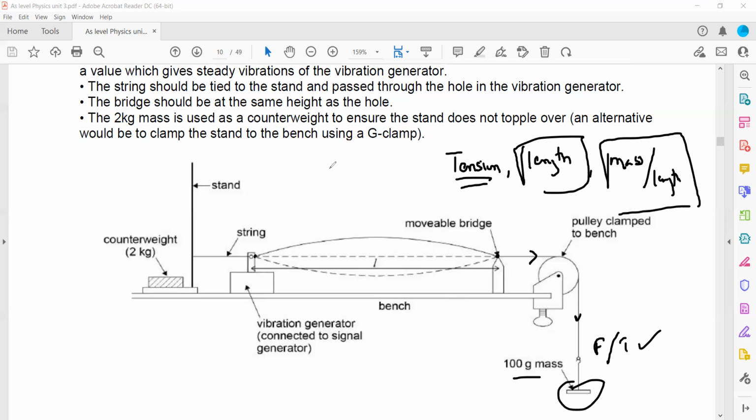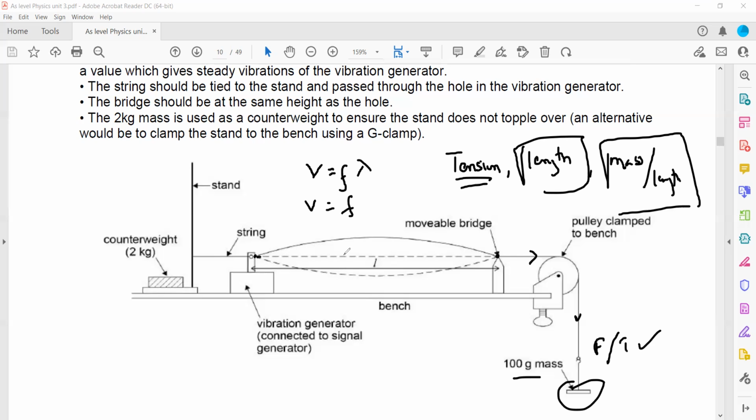We have the formula v equals f lambda, where v is the speed of the wave in a string, that is constant. What about the wavelength lambda?